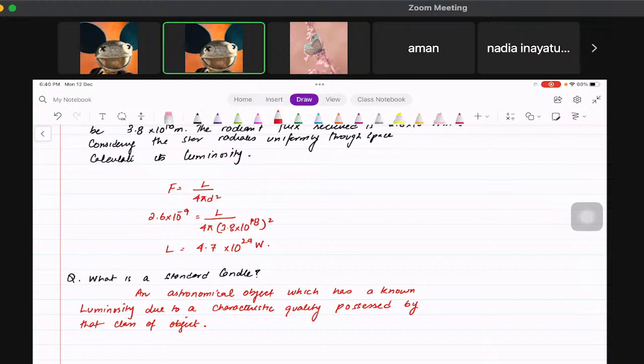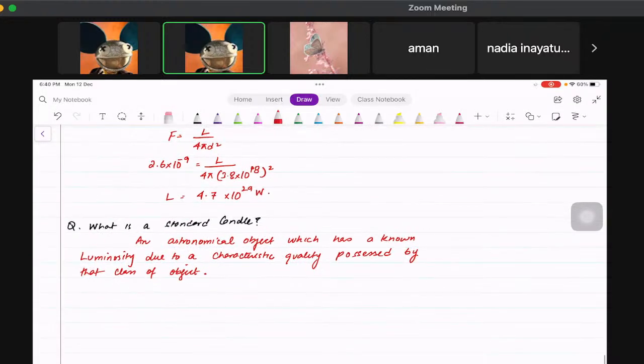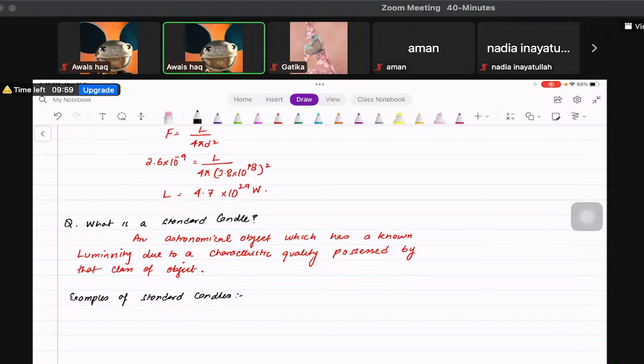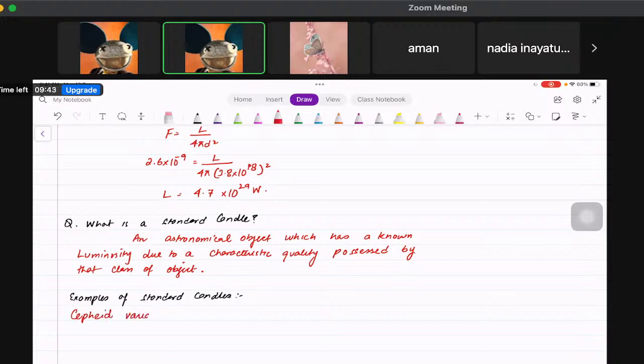Now, the examples of standard candles are number one, Cepheid variable stars.